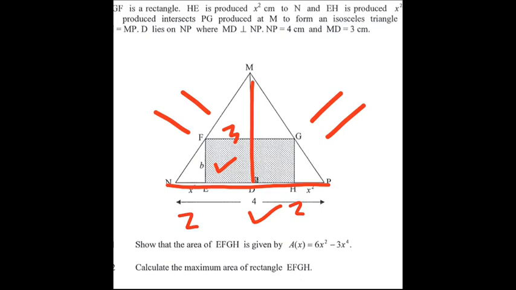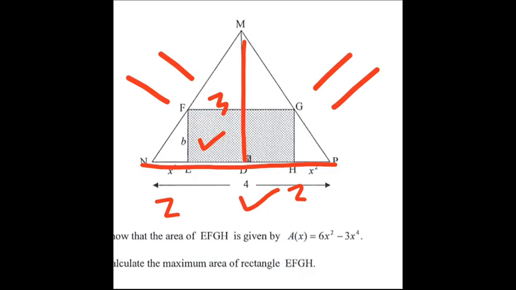Now in GH, I can see the small triangle, and the corner angle of a rectangle is always 90 degrees. Remember, this corner angle is 90 degrees. So if this one is 90 degrees, the other, GHP, is also 90 degrees. So I can also apply the shortcut to triangle HGP.